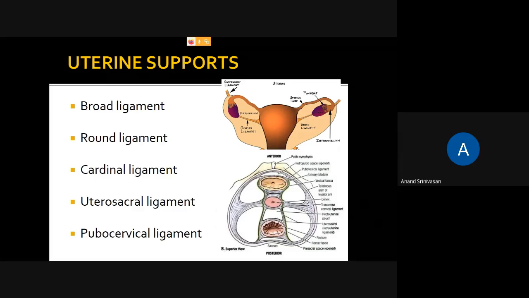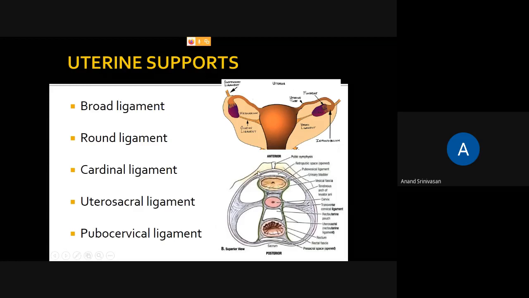The other ligament attaches to the sacrum. You know, this is the anterior and this is the posterior. There is a ligament which attaches the sacrum to the uterus, and this is called the uterosacral ligament.